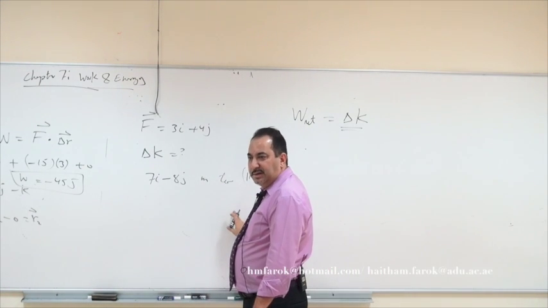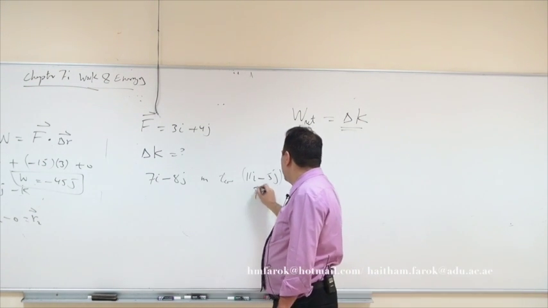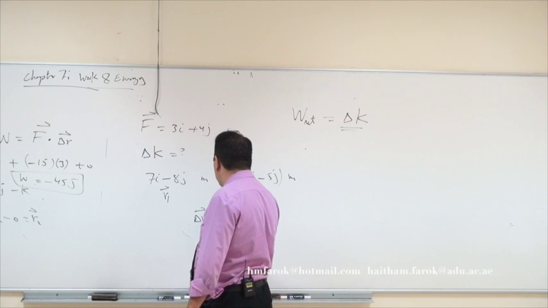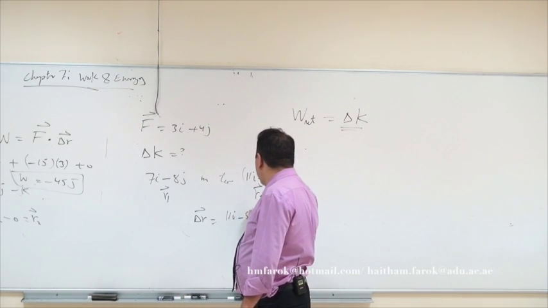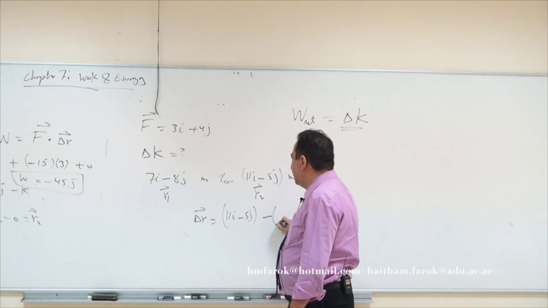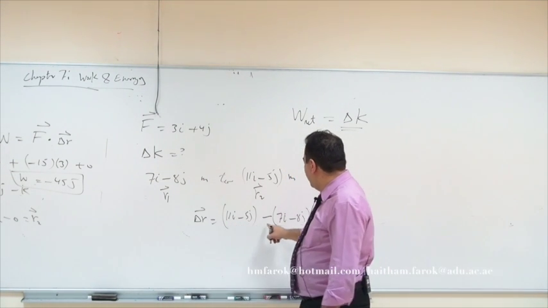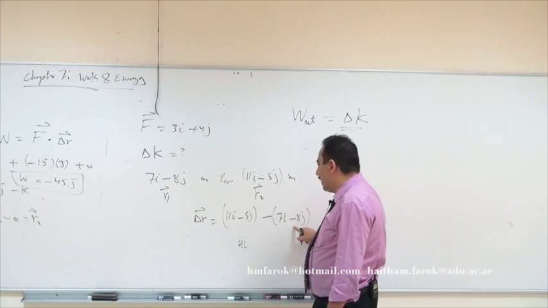You need dot product, yes? But is delta R ready? No. This is R2. This is? So subtract them to find delta R, yeah? Which means 11I minus 5J minus 7I 8J. Yeah? 11 minus 7, 4. Minus 5 minus minus is plus, yeah?